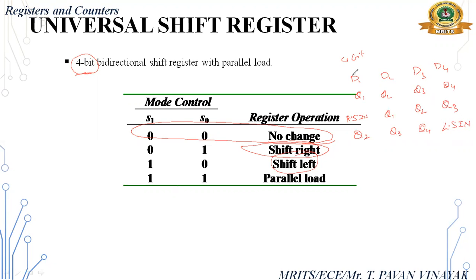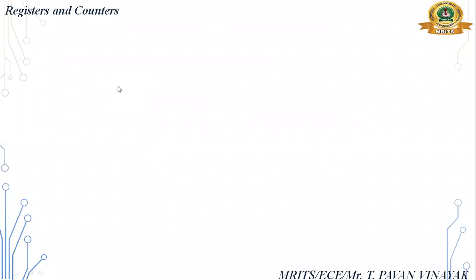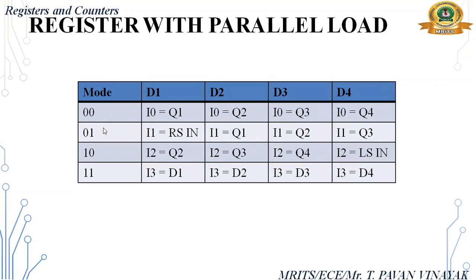Next, for parallel load, we take D1, D2, D3, D4, given at mux inputs 3, 2, 1, 0. We prepare a table like this. The selection lines are common for all flip-flops. So I0 is Q1, I1 is RS in, Q2, D1.